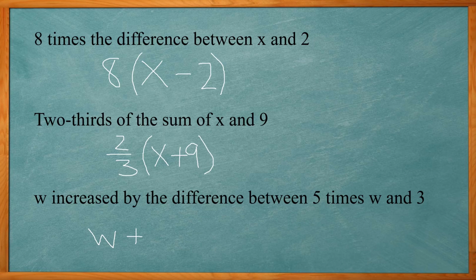So 5 times w, that's going to be 5w. And 3, that's going to be the difference of those two. So I put those together. So w increased by the difference between 5 times w and 3. So w plus 5w minus 3.